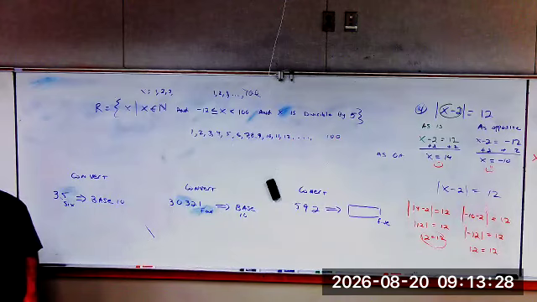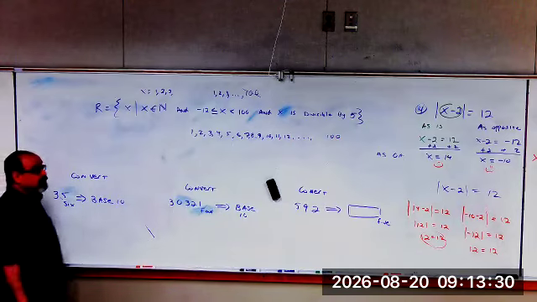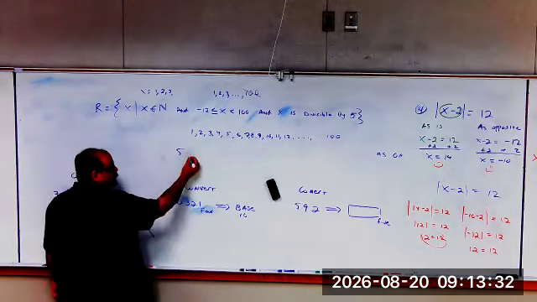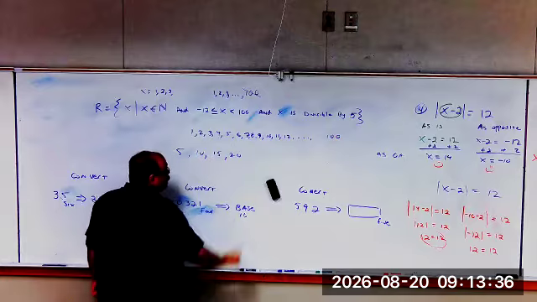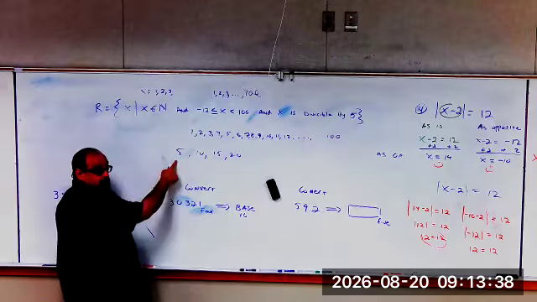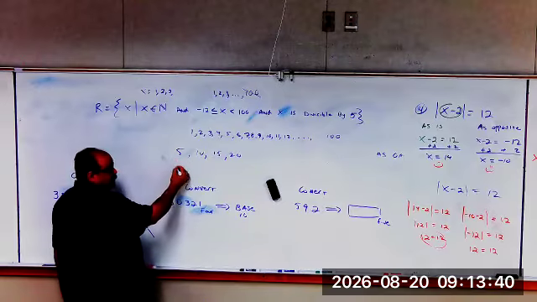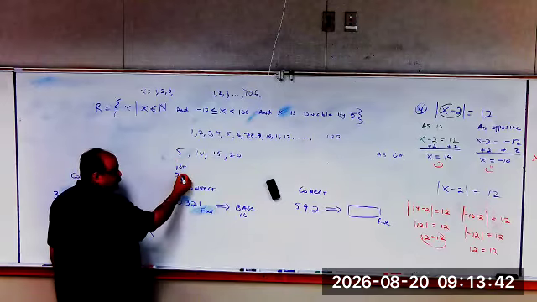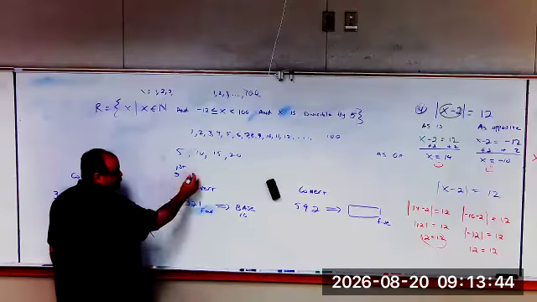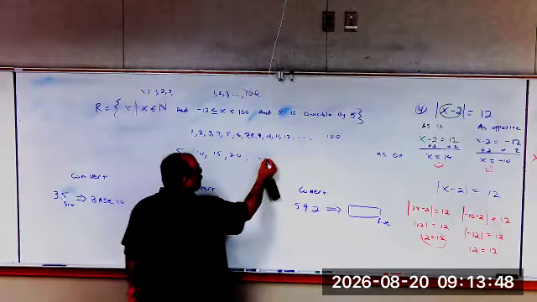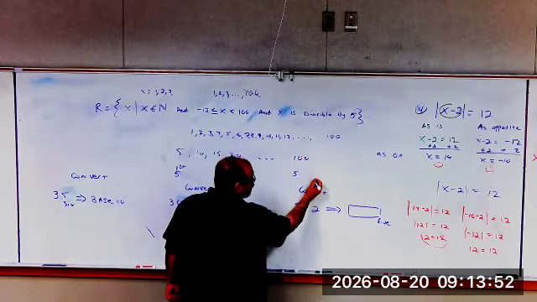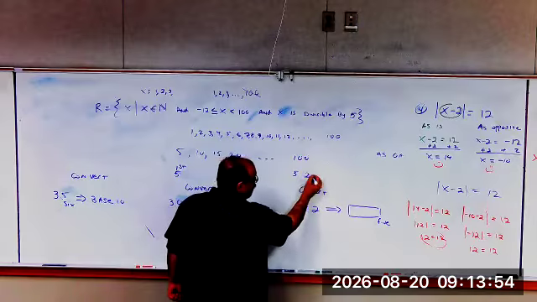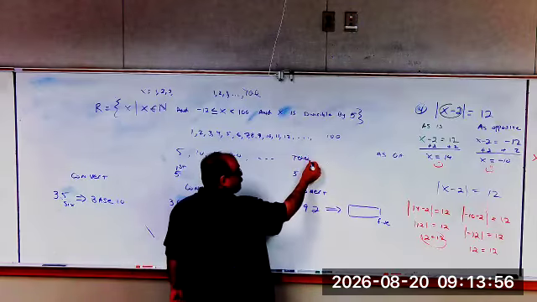Or look at it this way. What's the first number divisible by 5? 5, and then 10, 15, 20. So 5 times 1. That would be the first one. And then when you get to 100, that would be 5 times 20, but we don't want that.